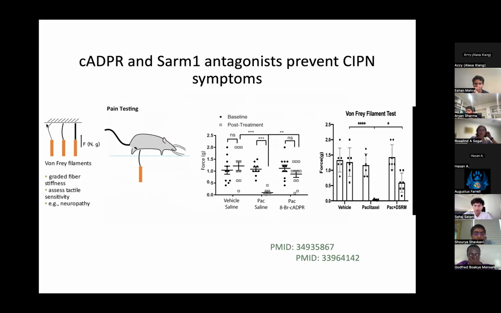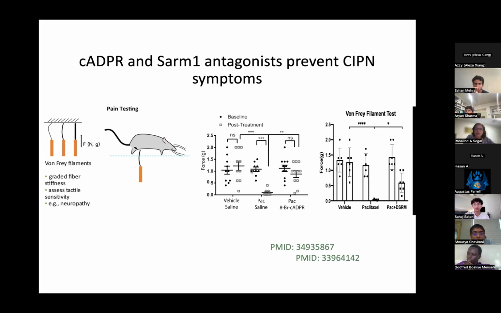So here's what we did. We did that in our mice. And here's before and after injecting, instead of paclitaxel, we just injected saline. So just a vehicle. You see that before and after the injections, there's no real difference. You need a specific amount of force before the animal will withdraw its paw and shake it.